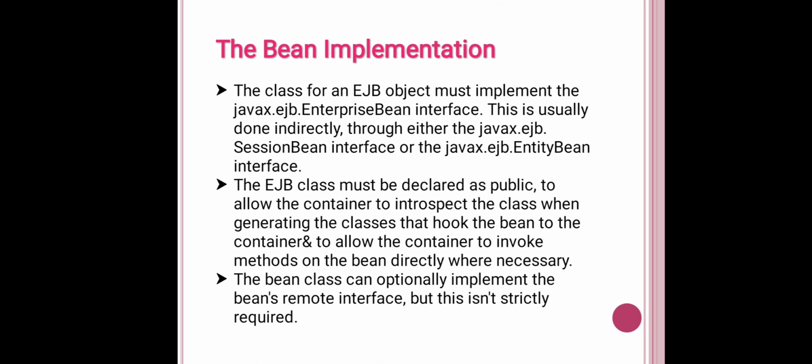The enterprise Java bean class must be declared as public to allow the container to introspect the class when generating the classes that hook the bean to the container and to allow the container to invoke methods on the bean directly where necessary. The bean class can optionally implement the bean's remote interface, but this isn't strictly required.